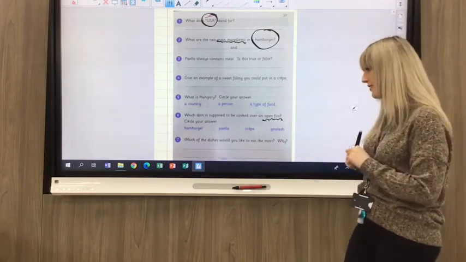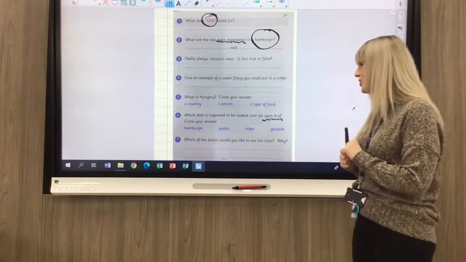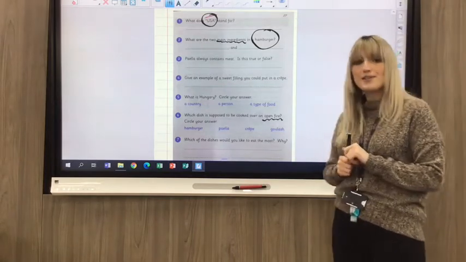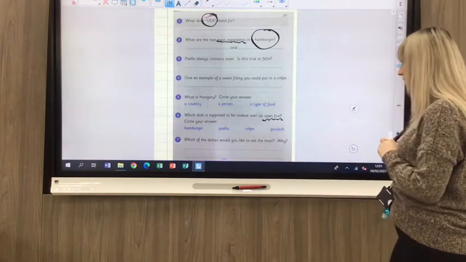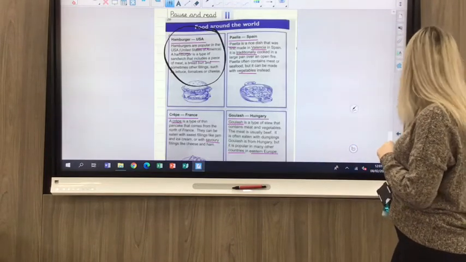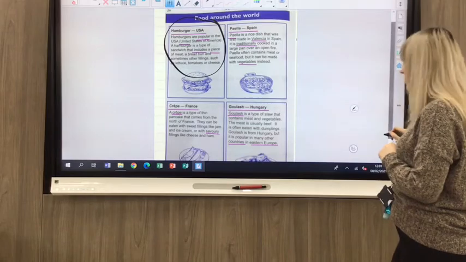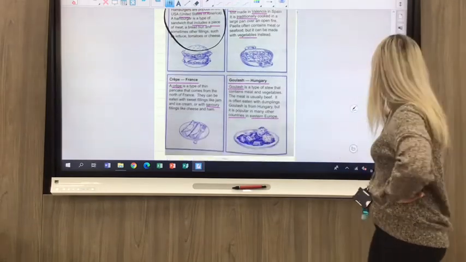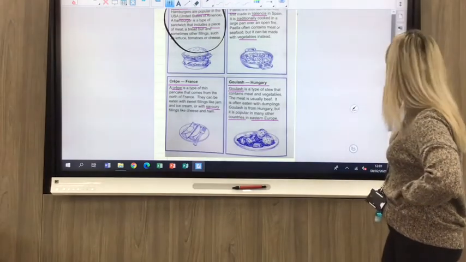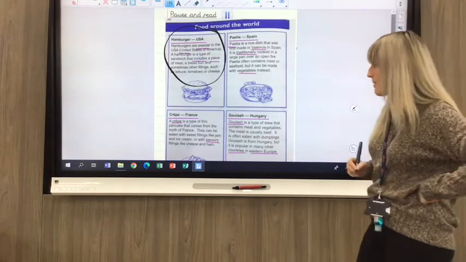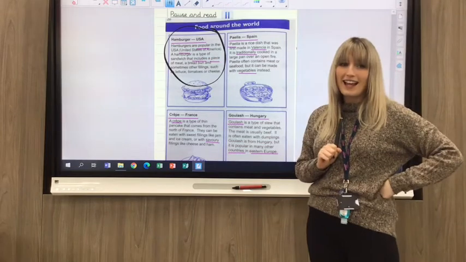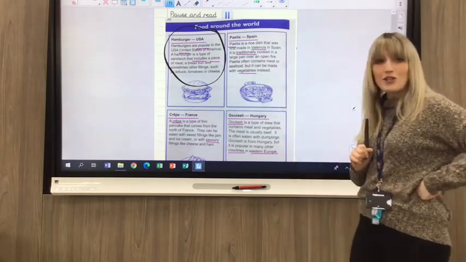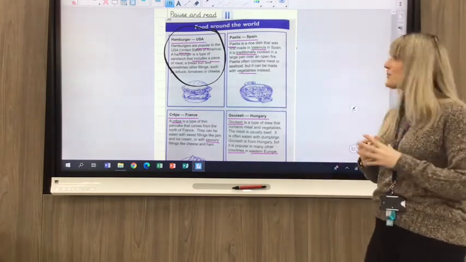Now question 7, which of these dishes would you like to eat the most and why? I think my answer would be a crepe, because I love pancake day and I love pancakes. So I've got a really sweet tooth and I enjoy anything sweet.